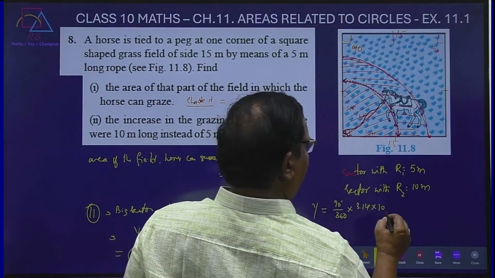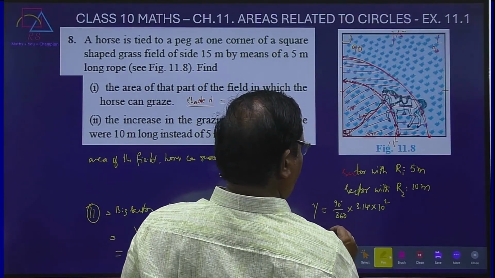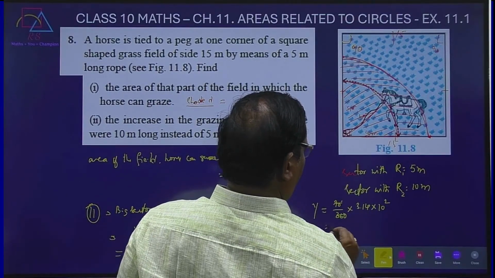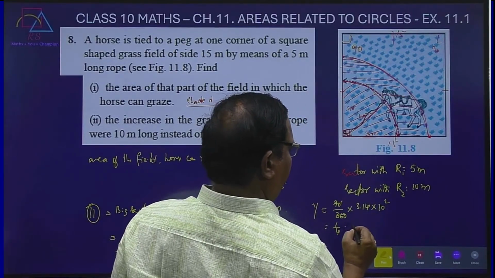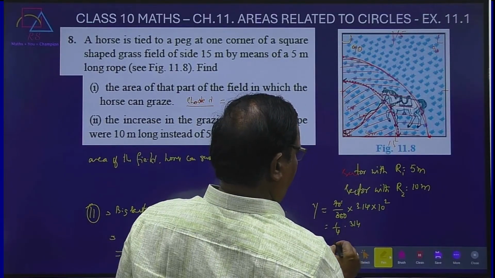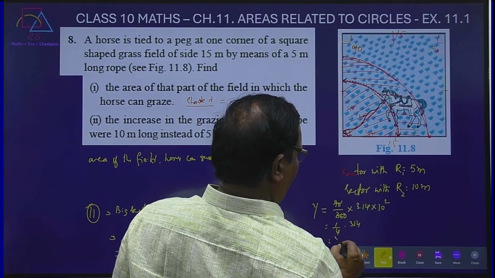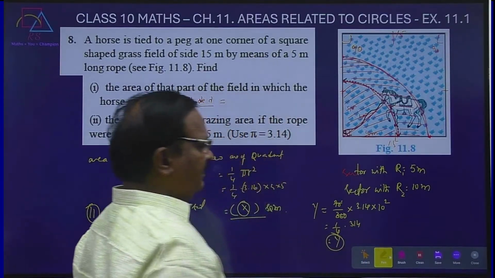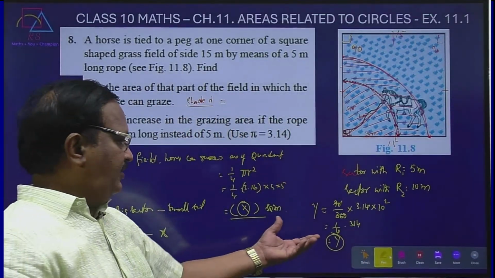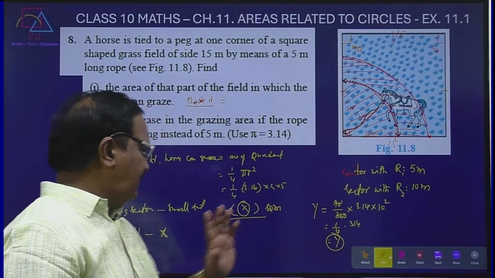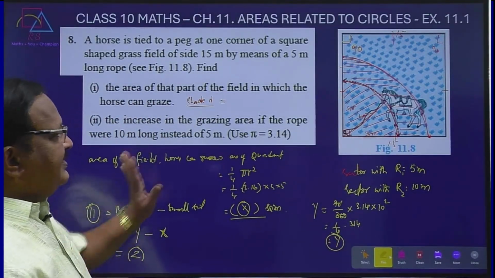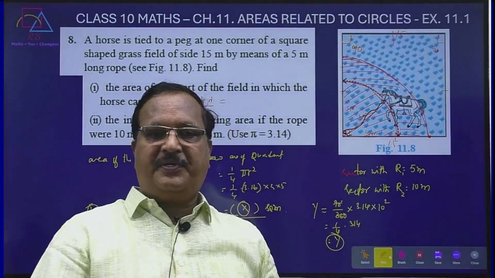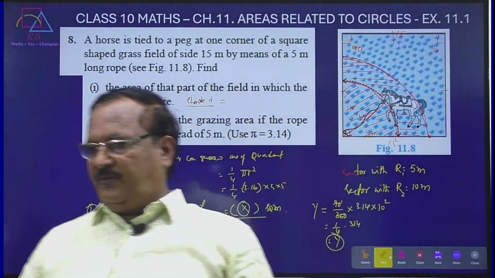So then 10 square, so this is 1/4 into 100, two decimal places will go, 314, so this is y. Simplify it, and whatever answer comes here, write that answer here. So this is the understanding, a very very important question.